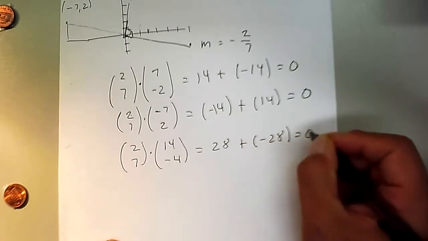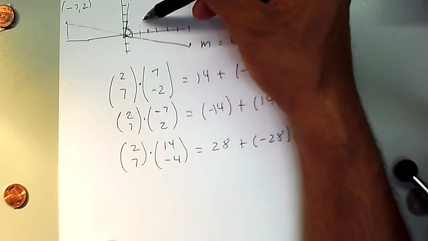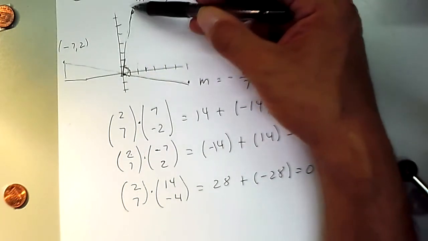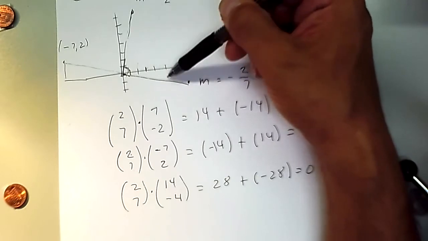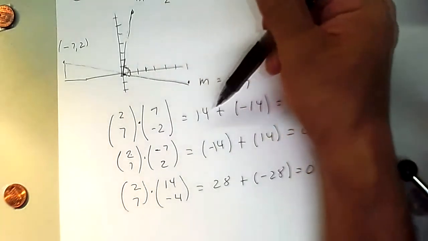Sure enough, we get 0. So we can definitely tell that whenever we take the dot product of a vector with another vector and it is equal to 0, the two vectors are perpendicular.